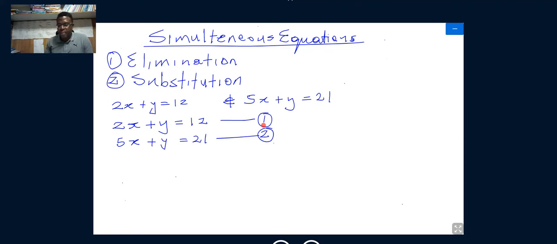We need to subtract equation 1 from 2 or equation 2 from 1. Whatever we want to do, it does not matter. I decide to take equation 2 and subtract equation 1.